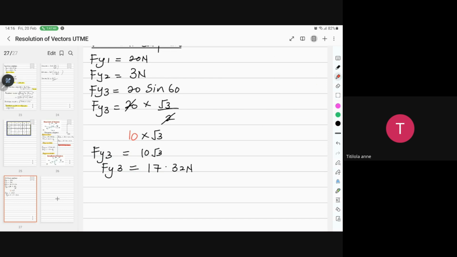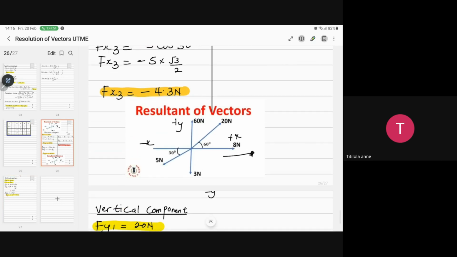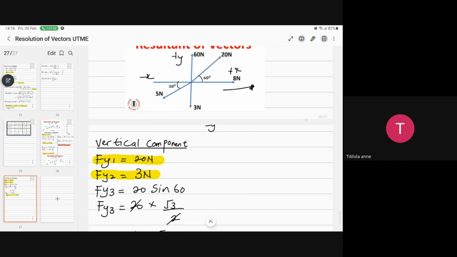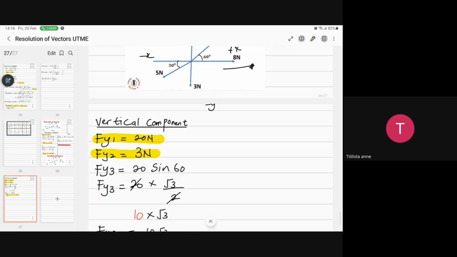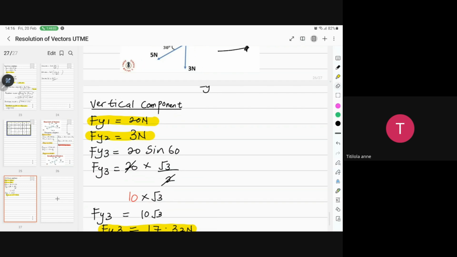So we have Fy3, we have Fy2, we have Fy1. I've done for 20, I've done for 60. Remember that I made a mistake already and nobody saw it. What was that mistake? Here should be negative 3 Newton, because that one is pointing in the negative direction.